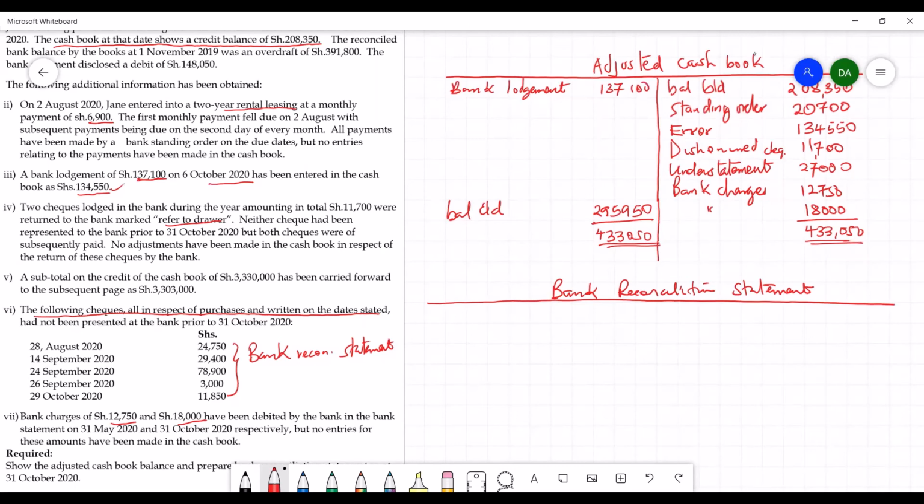Begin with the balance as per adjusted cash book, which equals 295,950. Add unpresented checks. We have several unpresented checks.